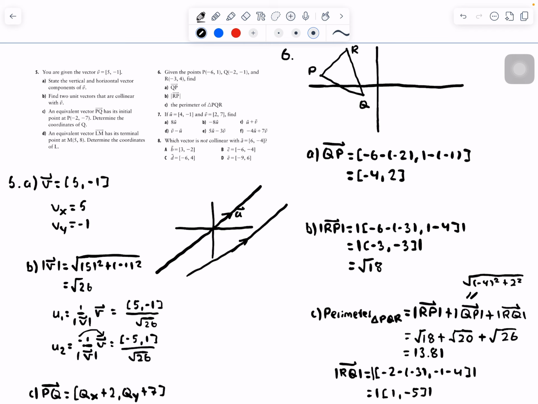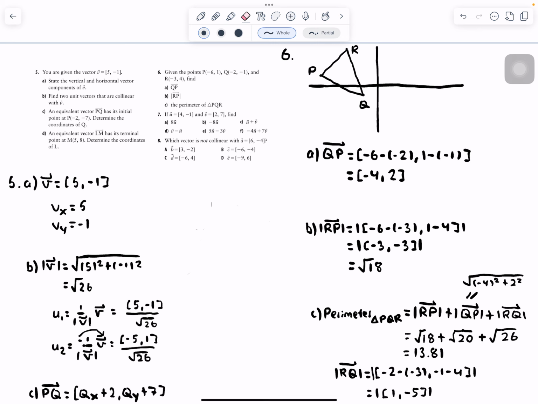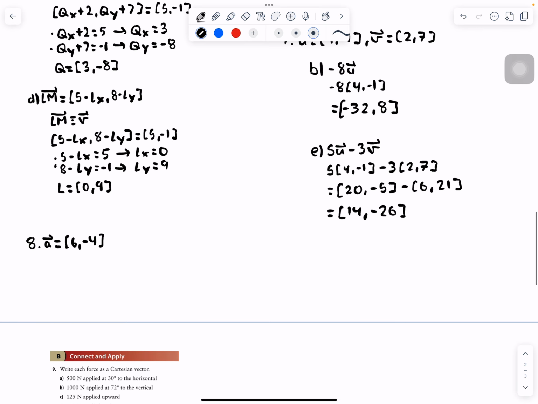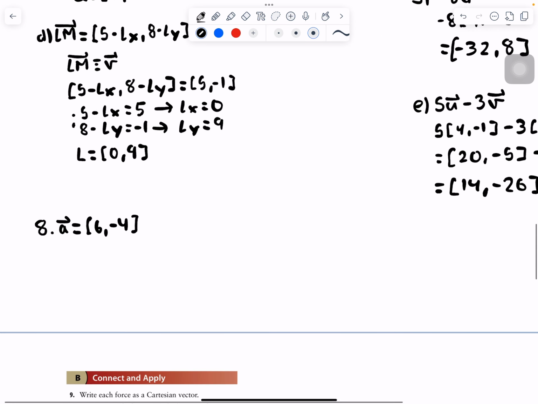All right, so that's what it means to be collinear. But what does it mean in the vector sense? How would we write it down mathematically? Well, to be collinear means that you're a scalar multiple of A. I think there's two L's.